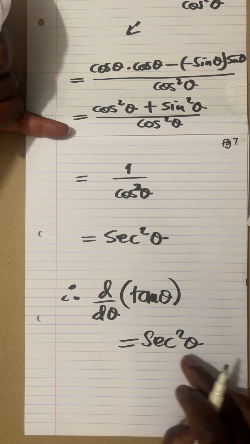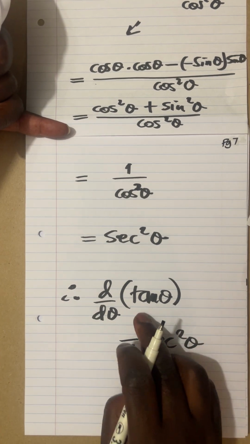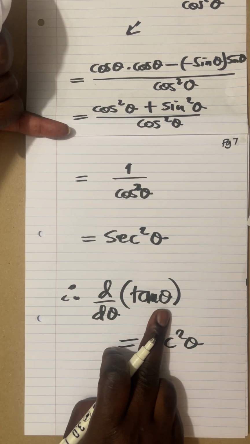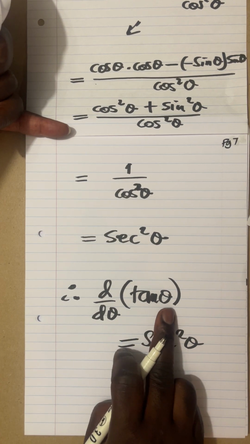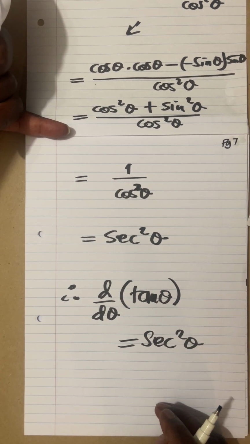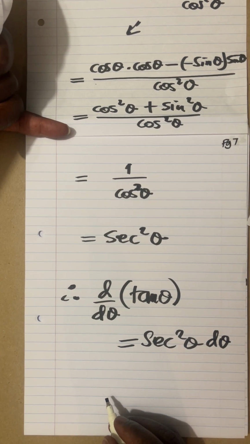If you treat theta as a constant, you're going to say sec squared theta d theta. But remember, I'm not saying the derivative of theta, it is the derivative of tangent. Now we have tangent and then we have theta. Suppose theta is a function. Then you would be required to say d theta here.